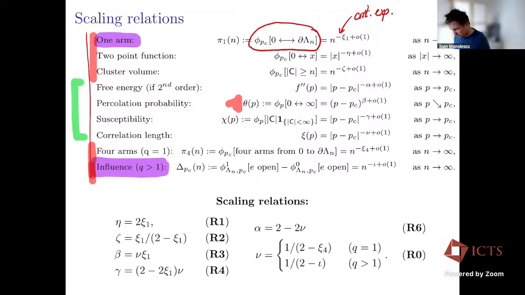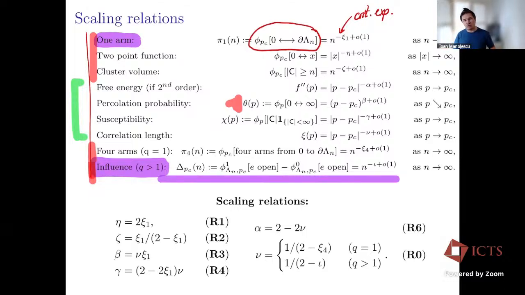Let's here focus on non-Bernoulli. Bernoulli is a bit special. So if you know these two exponents, then you basically know all the others through these relations. You know that all the others exist, and here are their values. So both of these exponents should be derivable from the critical picture.